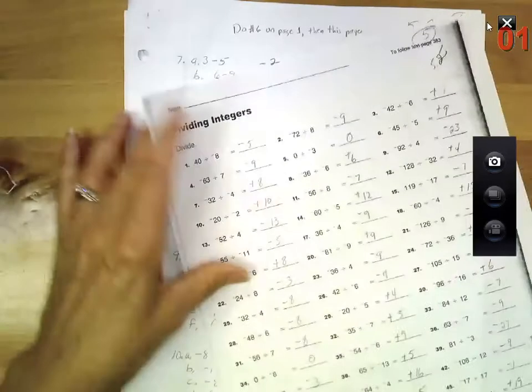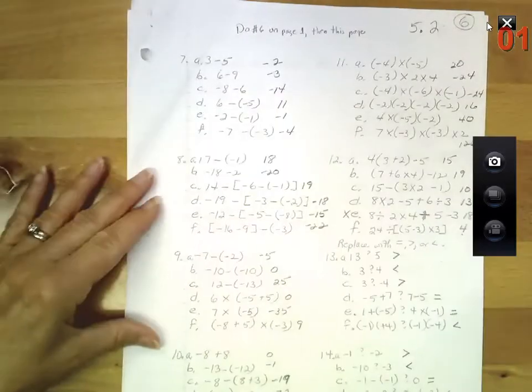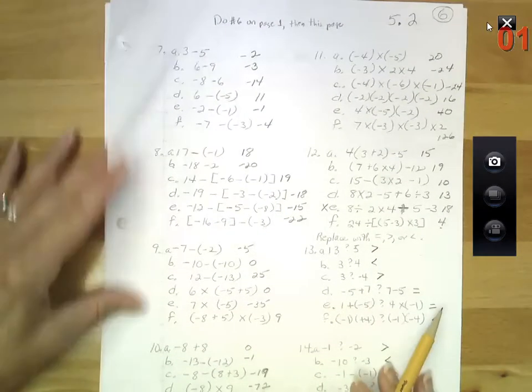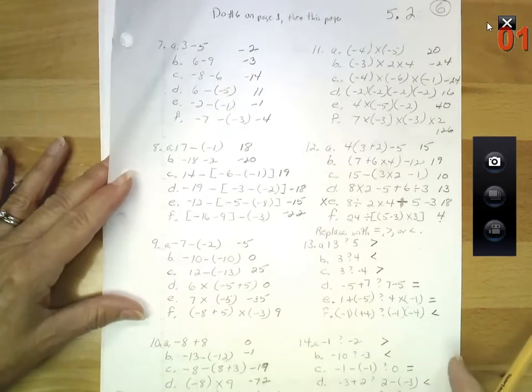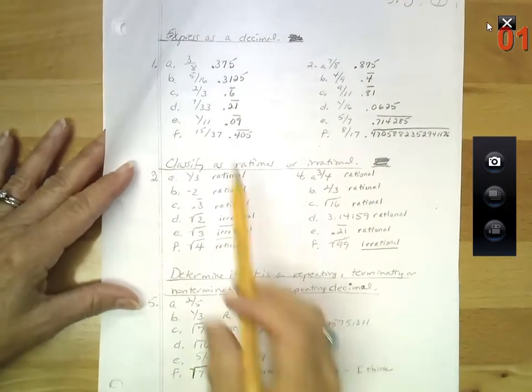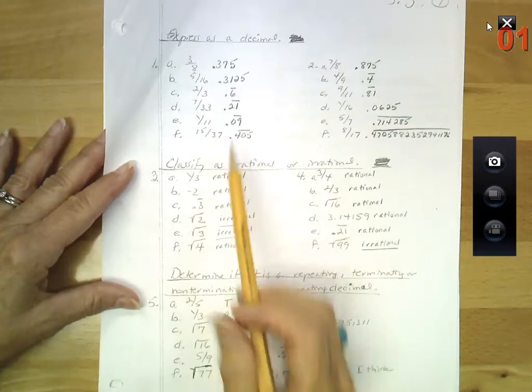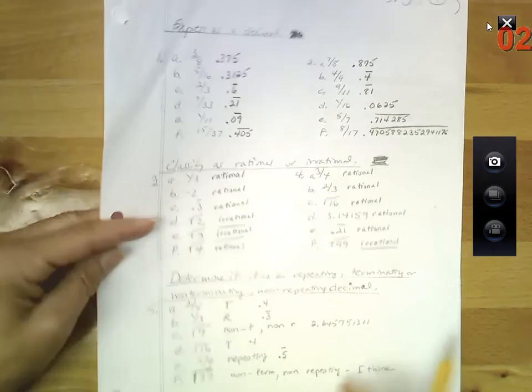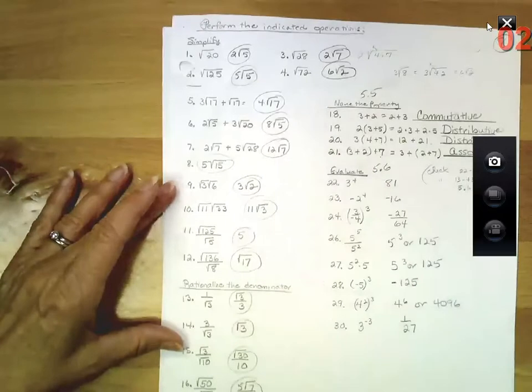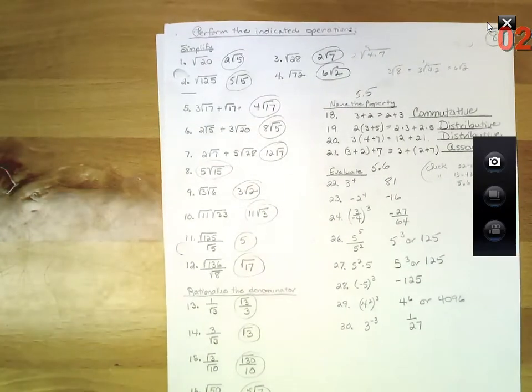Dividing is page 5. And then this was just simplifying different things. Adding, subtracting, multiplying, dividing, that was page 6. And then 7, we had expressing these as a decimal, classifying as rational or irrational, repeating, terminating, all that stuff. That's 7. And then we're on page 8 right now. These are the ones that you're supposed to finish, like 1 through 17.